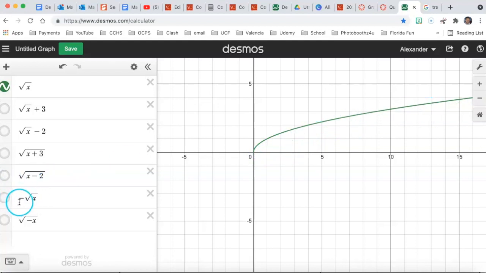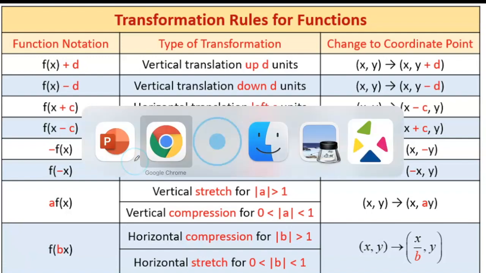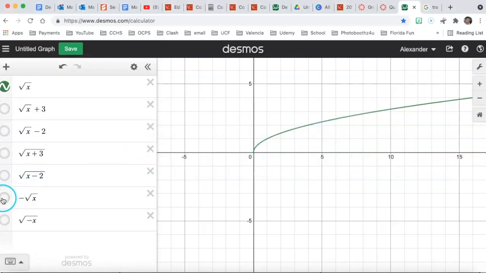Next, outside my function, I have a negative outside my function. A negative outside the function. That means it's a reflection over the x-axis. So my x-axis will be a mirror, meaning this is going down. It's going to be reflected down. Let's see.